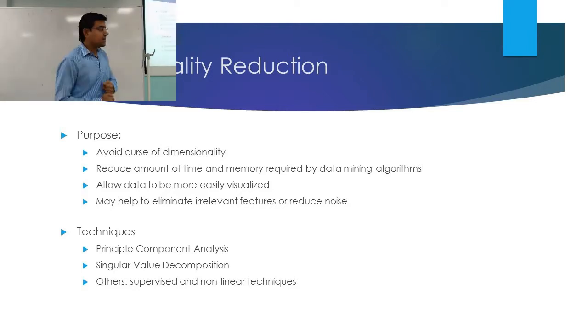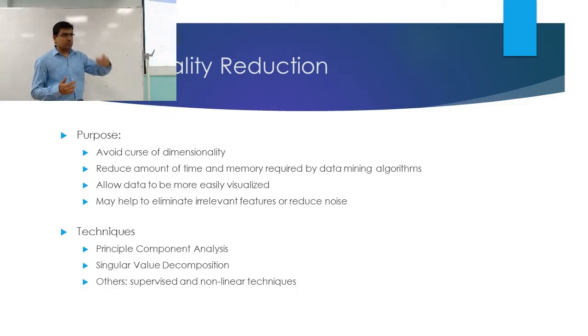Principal component analysis, singular value decomposition, and other supervised or unsupervised techniques used for reducing the data dimensions. What you are achieving is reducing data that is not very important for data mining purposes.